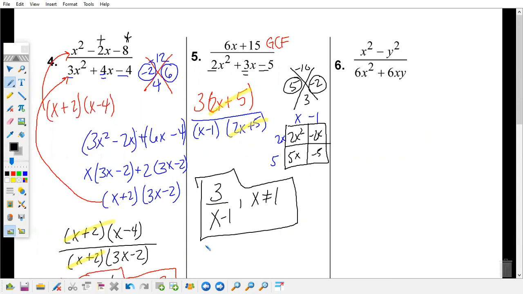All right, last one of part A. This is just simple GCF, right? So the GCF of the numerator is? No, it's not. They don't have anything in common. This is difference of two squares. So it becomes x minus y times x plus y.